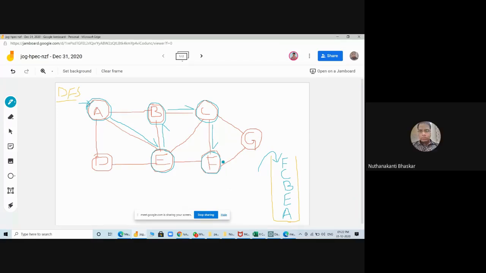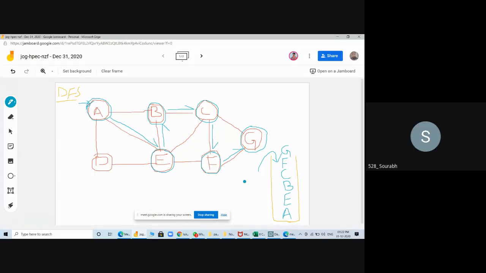G. Then you need to visit G now, correct? Yes, sir. Then you need to push it into the stack after visiting. Clear? Yes, sir.